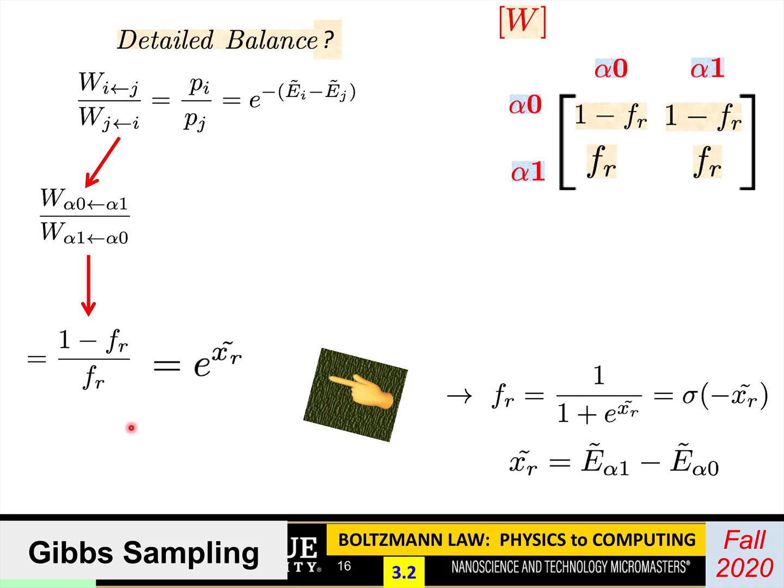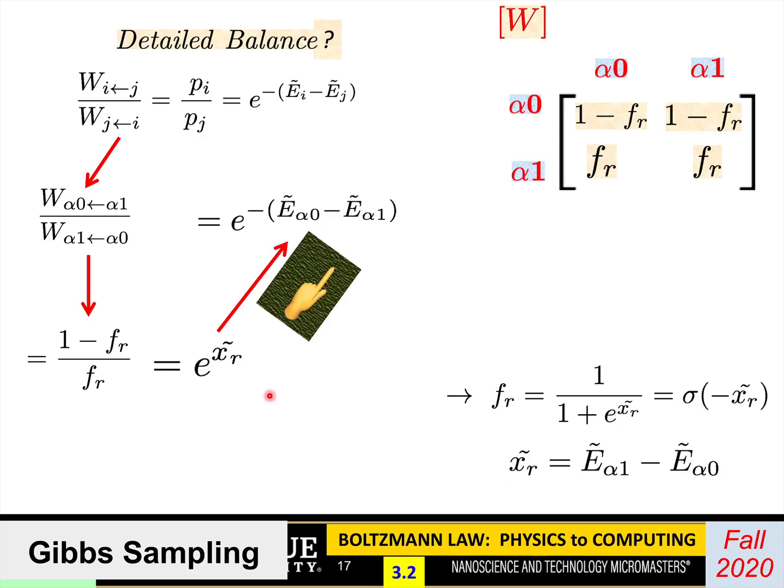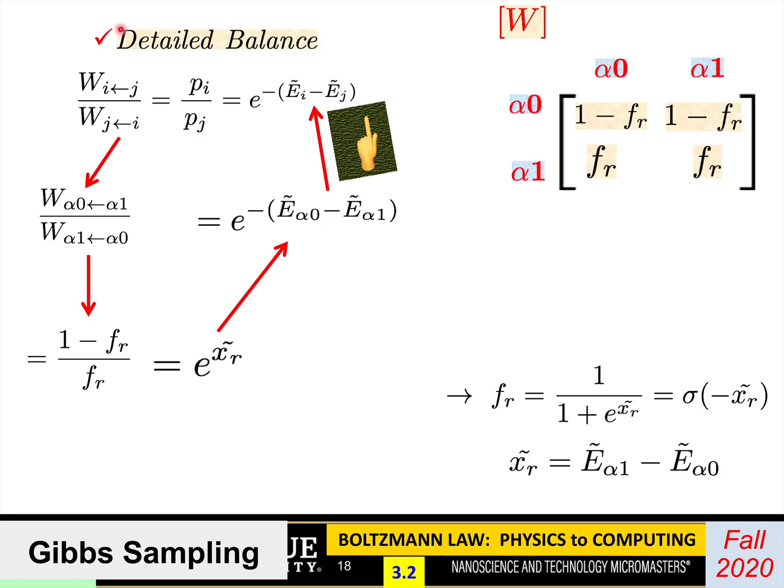It's a bit of algebra, but you get that this is equal to the exponential. And what is this exponent? Well, it's the energy difference. So I could write this as exponential of minus (E alpha 0 minus E alpha 1). And as you can see, we have basically proved this detailed balance, because after all, i is basically alpha 0 and j is alpha 1. So detailed balance is satisfied.